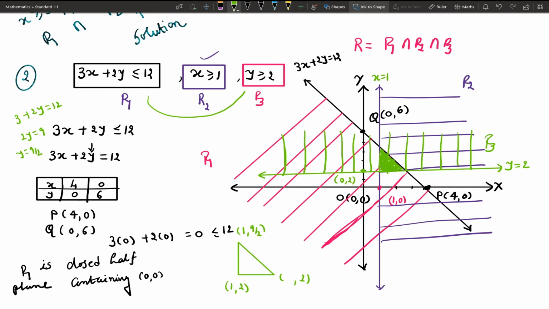And if we take y equal to 2, 2 2s are 4, so 3x equal to 12 minus 4, 8, x equal to 8 by 3. No need to discuss this, but this is the portion which indicates R1 intersection R2 intersection R3.